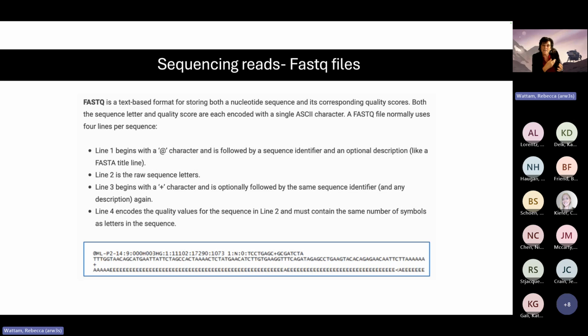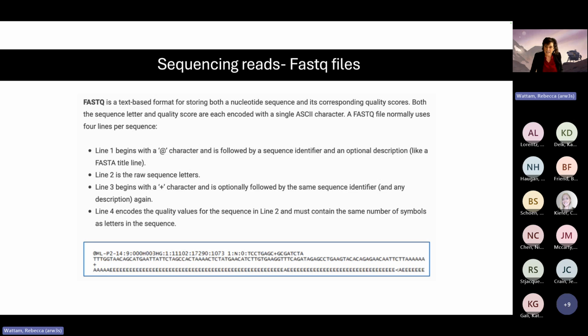For every individual read, and there can be thousands or millions of them within one of these files, each one has this particular format, which is 4 lines. The first line, which starts with that @ sign, has some sequence identifier and maybe an optional description on it.